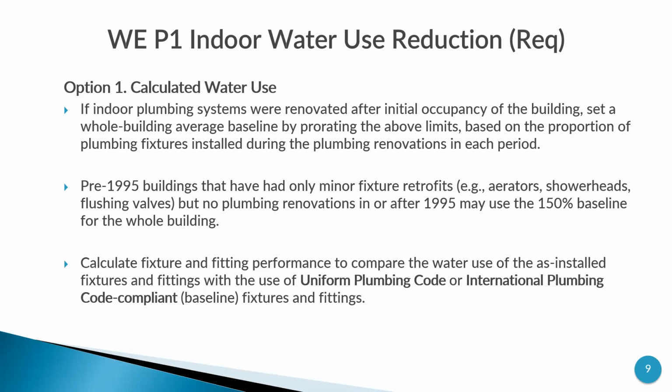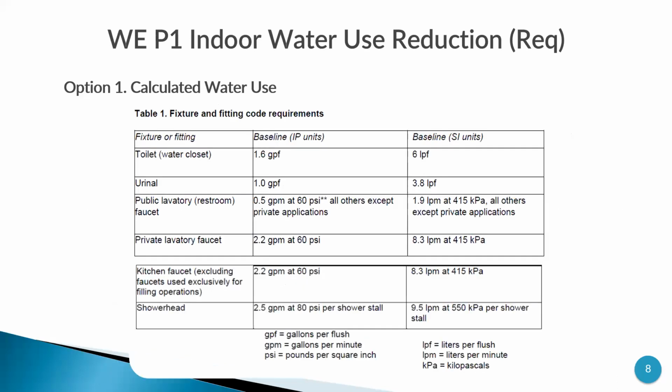How do we calculate up to that level? These are standards based on each and every fitting. How do I know that my faucet or my flush tank is very old? How do I know how much it's flushing, gallons per flush or liters per flush? There are some equipments used for that.